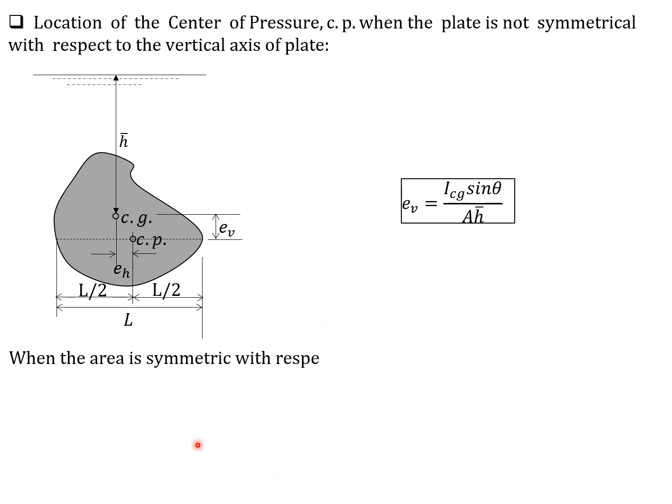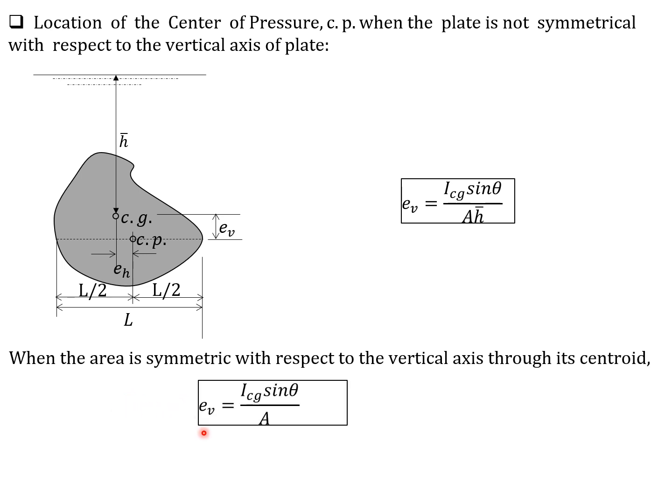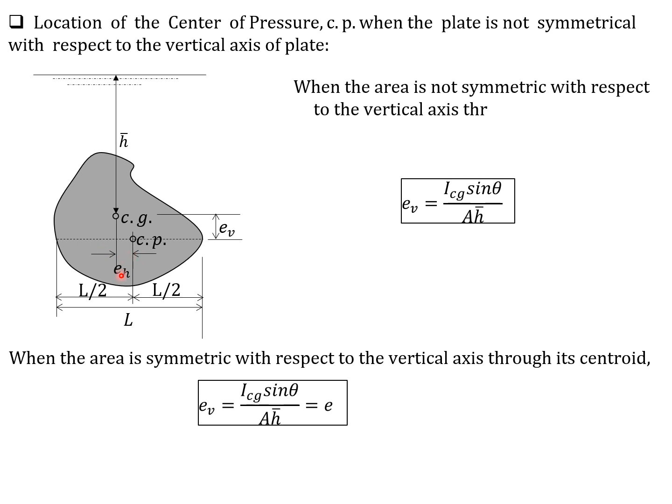So when the area is symmetric with respect to the vertical axis through its centroid, then E sub v is I sub cg sine theta over area times h bar, or simply I sub cg over area times h bar, because sine theta is 90 for that case. And E sub h is simply L over 2 minus this distance here. So we can easily solve for E sub h.